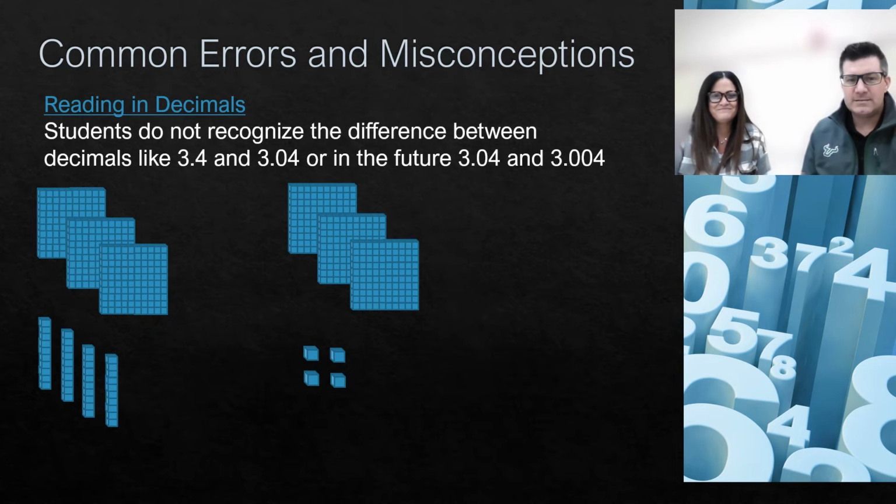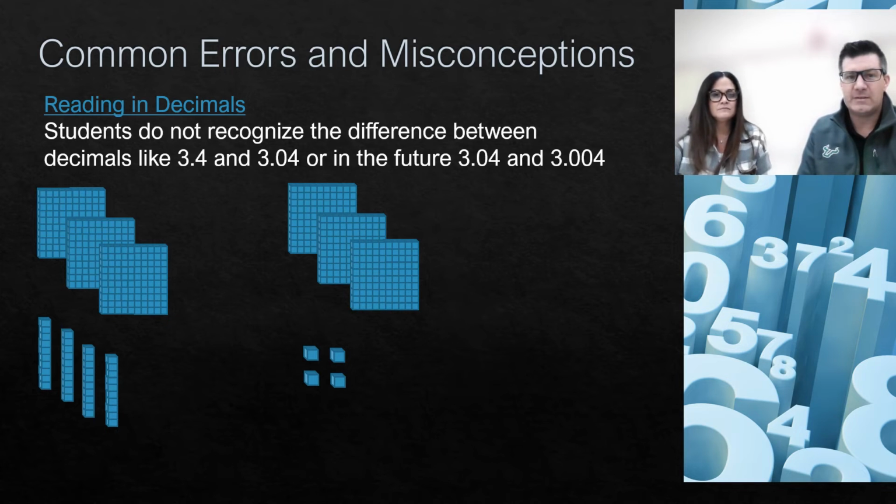Models, models, models. As students are reading their decimals, they will often struggle depending on whether there are any zeros, not recognizing the zero is just a placeholder, especially with our decimals, because we didn't have that with whole numbers. We wouldn't just throw a bunch of zeros before our numbers to hold that place. We just didn't write anything.